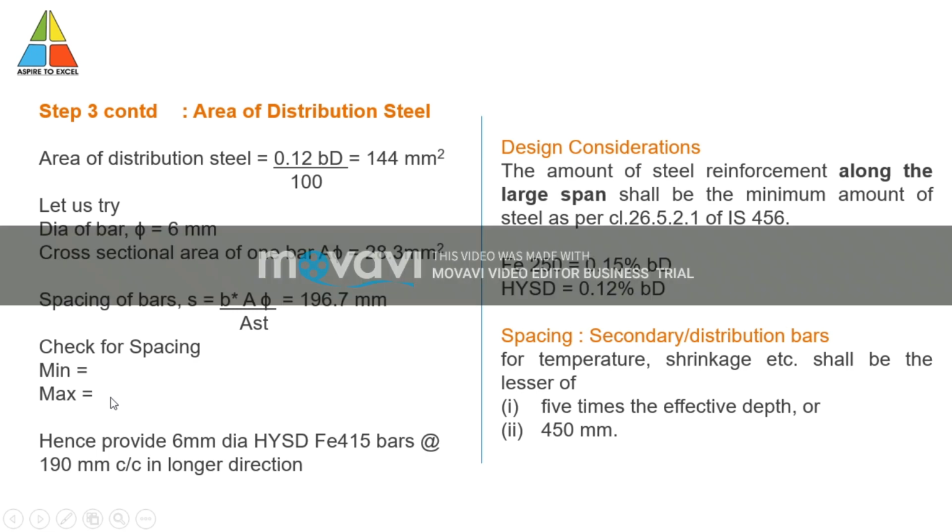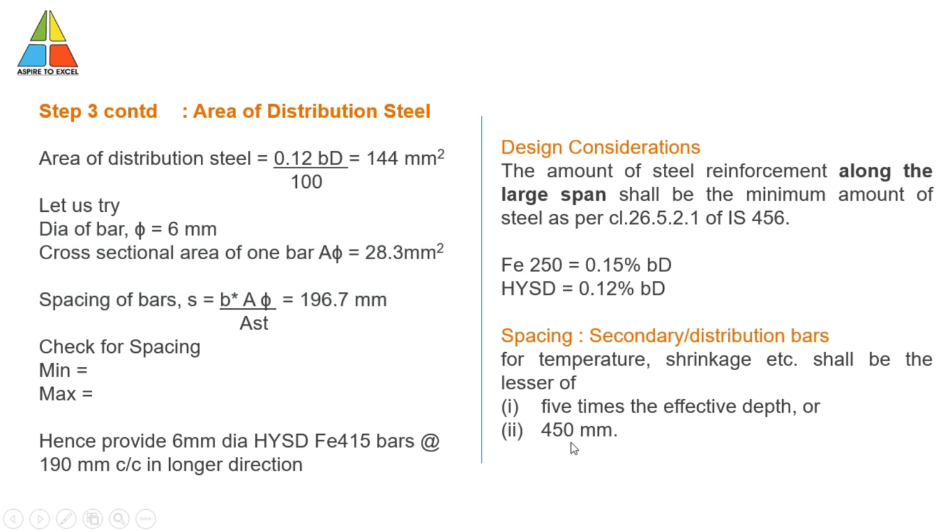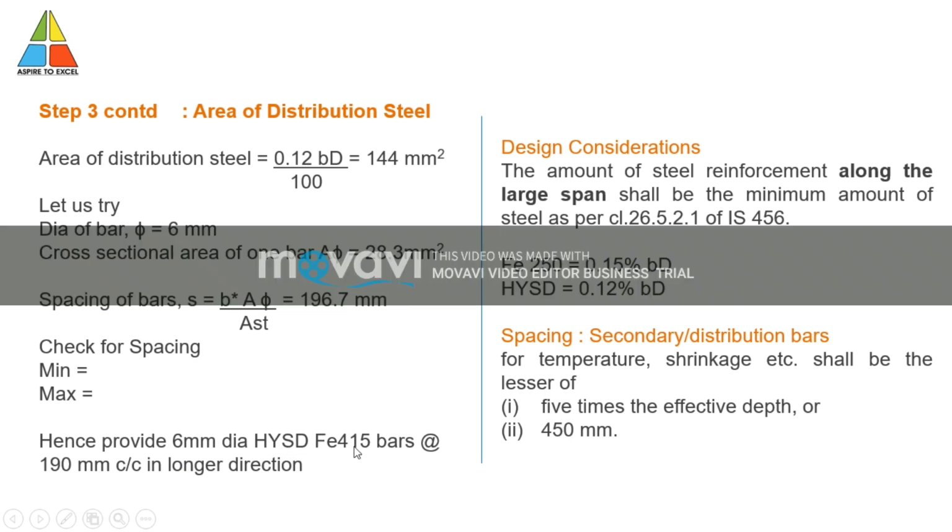The criterion for maximum spacing for distribution steel or secondary bars is 5 times the effective dia or 450 millimeter, whichever is less, right? And these secondary bars are essentially provided for temperature and shrinkage. So hence we can write: provide 6 mm dia HYSD 415 bars at the rate of 190 millimeter center to center along the longer direction.